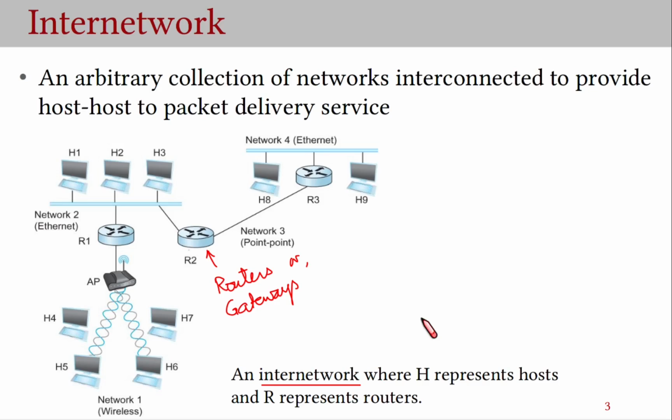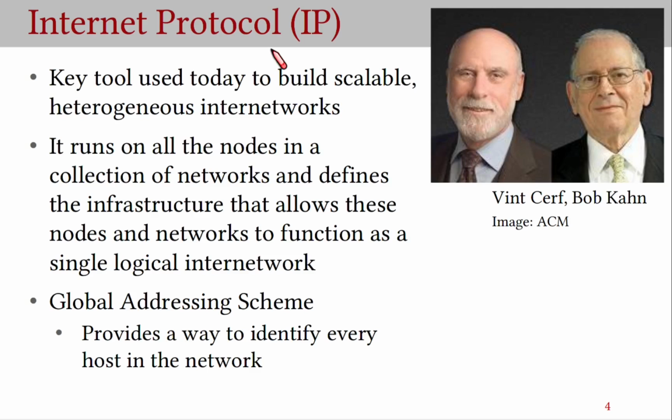But when we are talking about the global Internet to which we connect, we use the term Internet with a capital I. What makes this internetworking of different networks possible is that all of these routers, as well as all of these hosts, run what is called Internet Protocol, or IP for short.